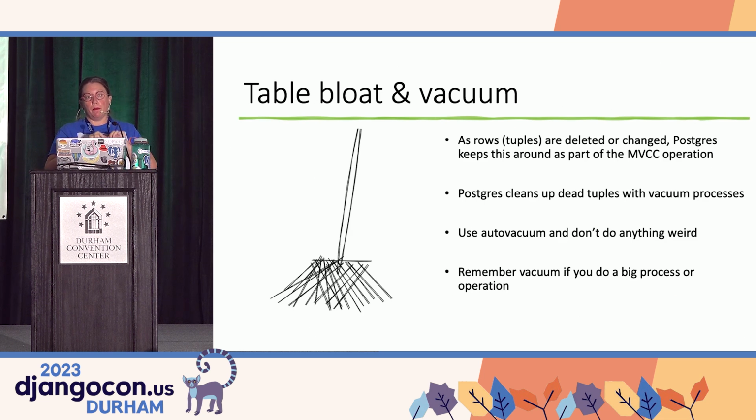So if you update one field in a row, Postgres leaves the old dead row around, and then later Postgres will come in and vacuum up that dead row. So what ends up happening is if you have lots and lots of changes happening in the database, you will get lots and lots of dead rows, and that's called table bloat. That's part of the overall size of your disk, right? Because those are rows stored on disk that are taking up disk space.